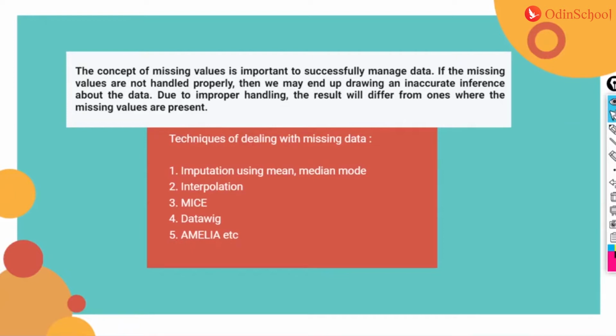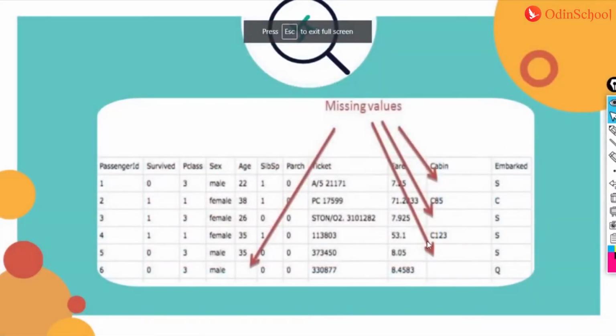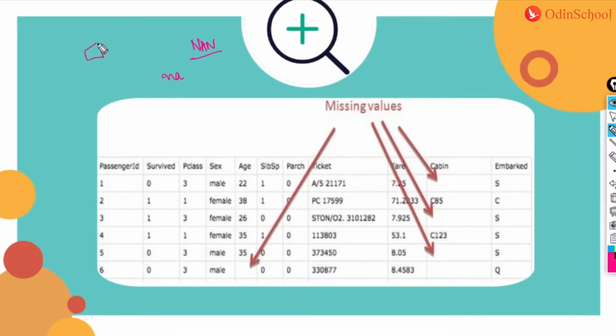So here you can see these are all missing values. Now, whenever we talk about missing values, it is not necessary that a missing value should only be represented with an NA or a capital NaN. There's no actual trend to it. Guys, missing values are represented in different ways. Sometimes they are just blank.